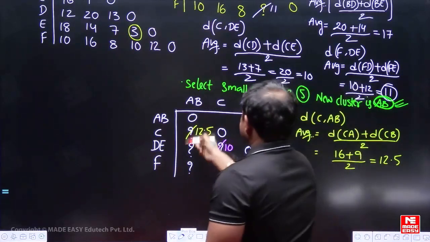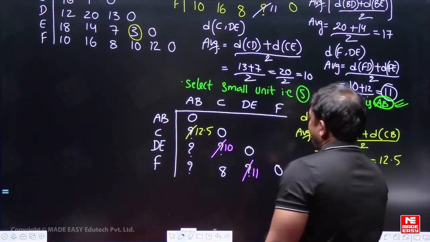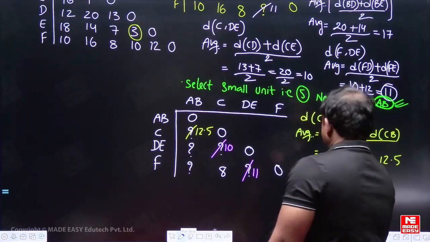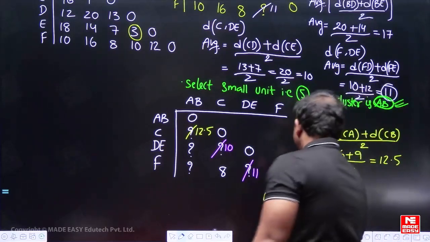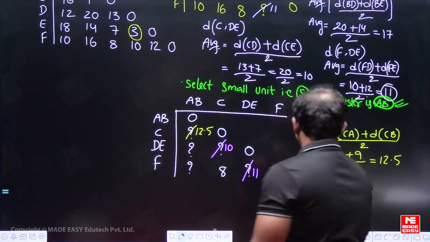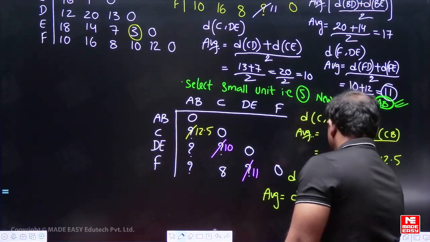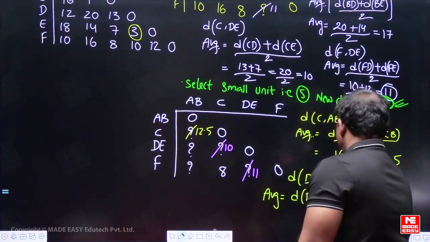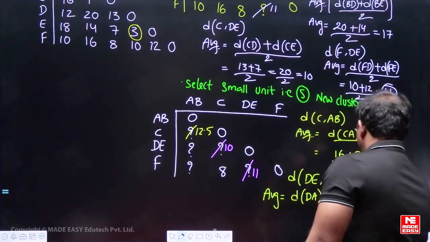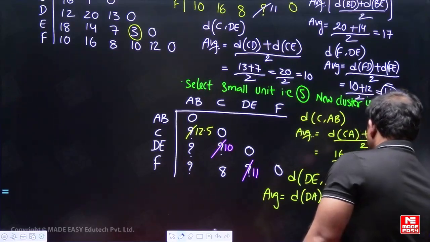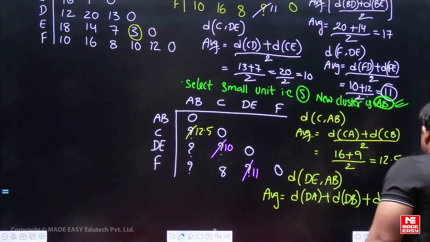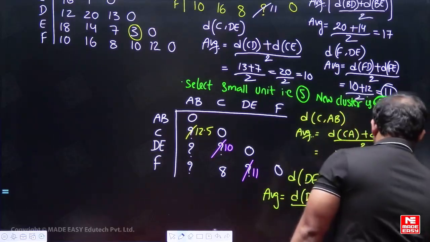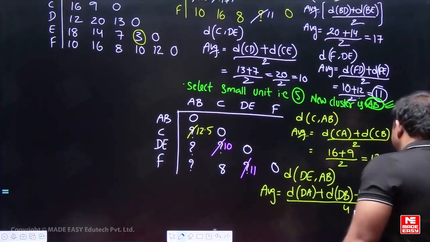Next, distance between DE and AB. Then what is the average? Average is equal to distance of DA plus distance of DB plus distance of EA plus distance of EB, divided by 4 pairs. Calculate this.